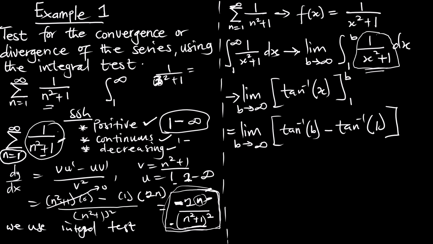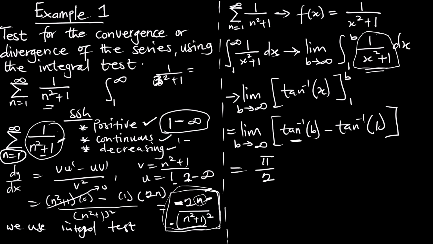So this is the same as tan inverse of a very big number tending to infinity, and that gives us pi on 2. In terms of degrees, that is 90, or in radians, pi on 2. Tan inverse of a very big number approaches pi on 2.